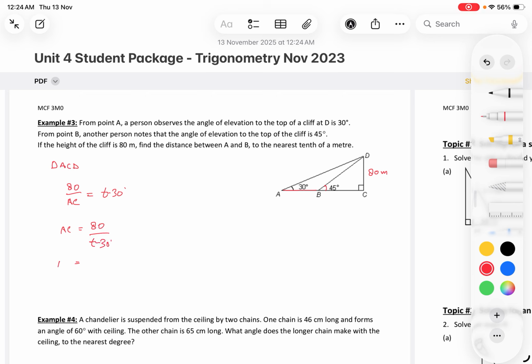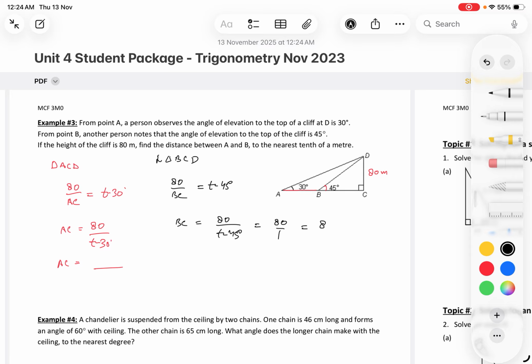You get something over here. Then in triangle BCD, you can write 80 over BC is equal to tan 45, and you can find BC: 80 upon tan 45, which is 80 divided by 1.